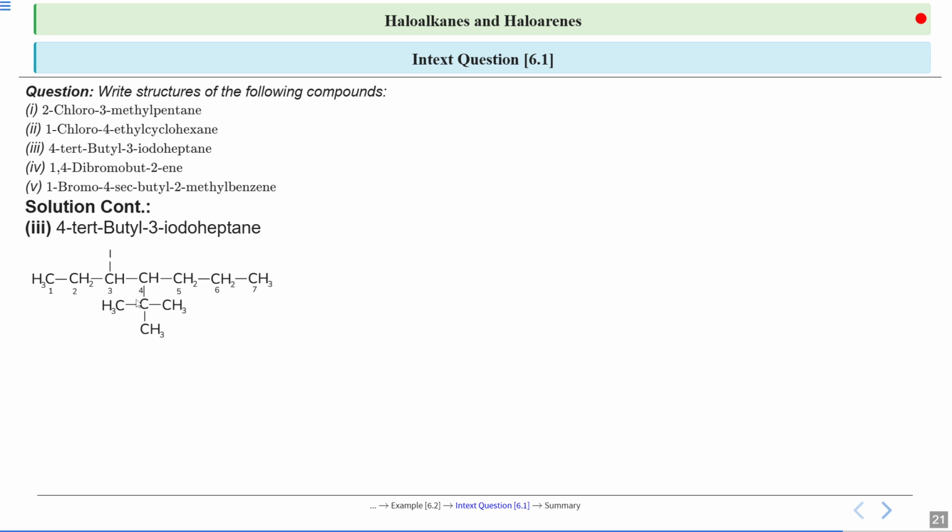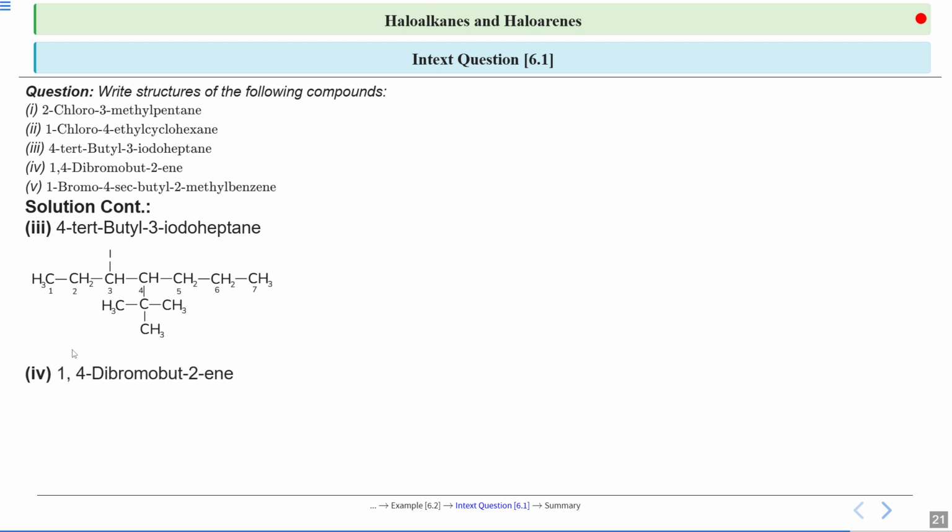How? The carbon that is going to attach at the fourth position carbon is also attached with 3 other carbons of methyl, right, forming a tertiary butyl substituent, and we are attaching it at the fourth position. After that, fulfill every other valency for each carbon, and then you will get a structure of 4-tertiary butyl 3-iodoheptane.